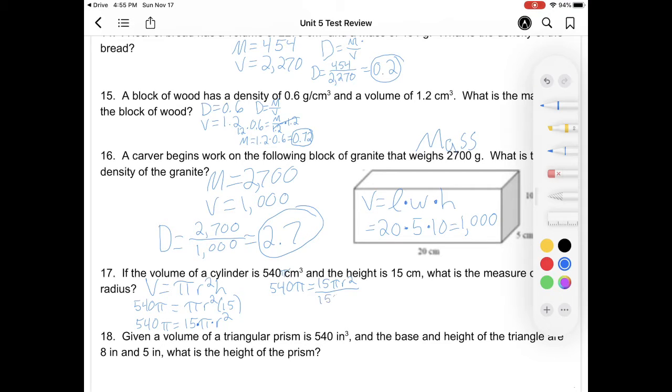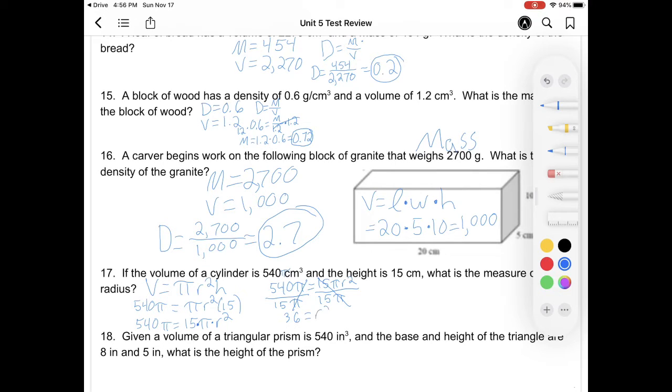We're going to divide by 15 pi on both sides. 15 pi divided by 15 pi is 1, so it cancels out. On the left side, the pi's cancel out, and 540 divided by 15 is 36.